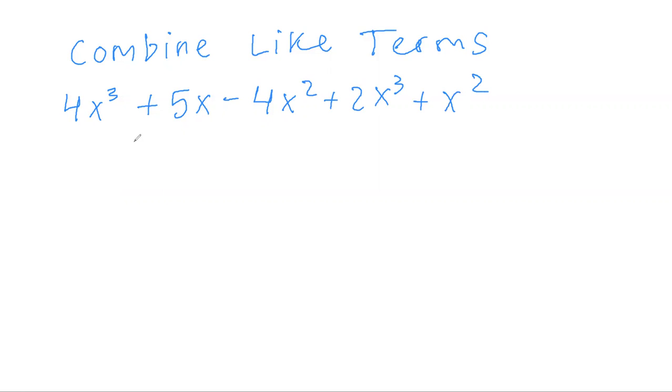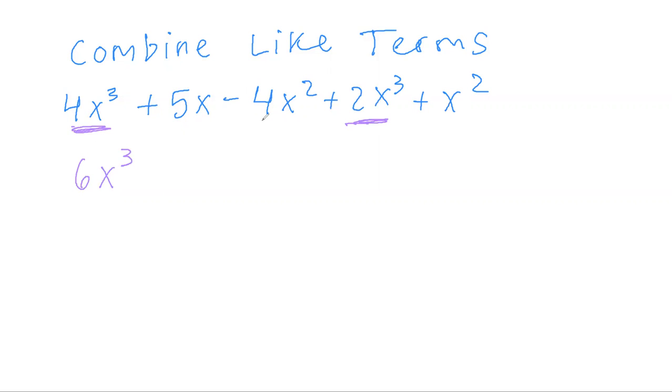So identify first my like terms. Looking at the 4x cubed and 2x cubed, I can combine them by just looking at the coefficient. So it's 4 plus 2, so that's 6x cubed.